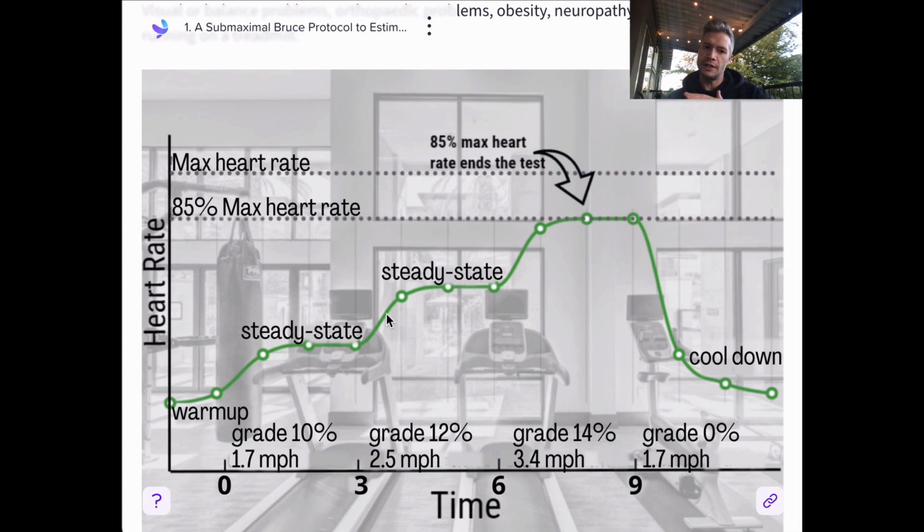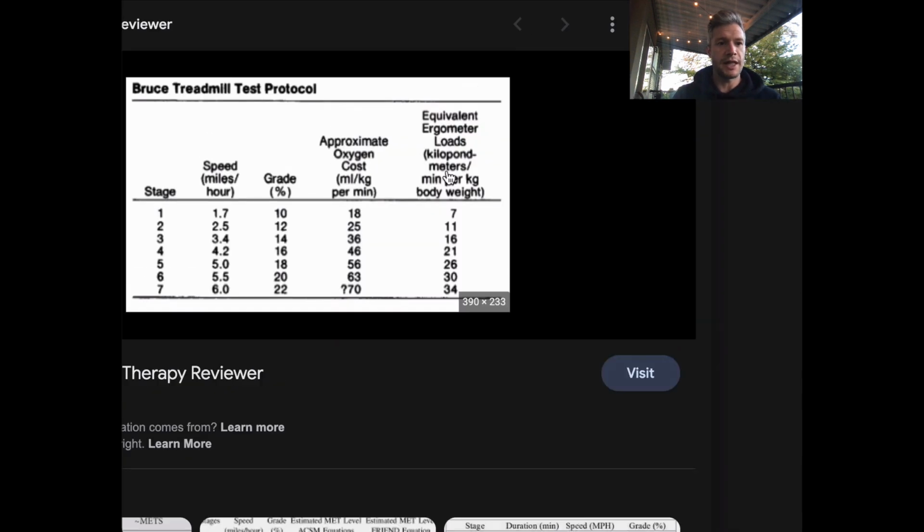So we can draw a very linear line if we wanted to, based off of the stages you get to. Because of that, we can also correlate a very linear relationship in parallel with our VO2, and therefore get to our predictive max, which is something you would have done in lab.